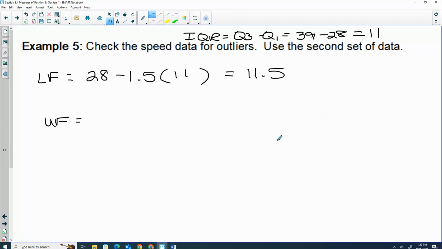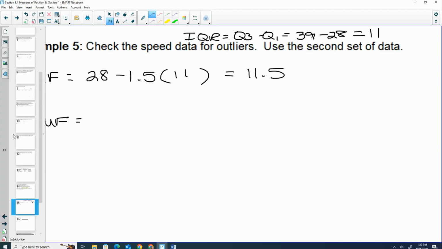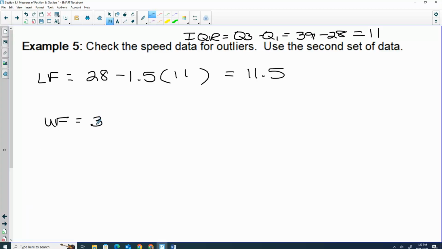If there is a speed less than 11.5, it's an outlier. Did we have anything less than 11.5? No, so we don't have any outliers so far. Upper fence is quartile 3, which was 39, plus 1.5 times our interquartile range, which was 11. And that gives me 55.5.